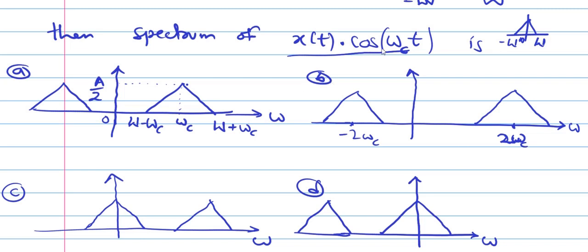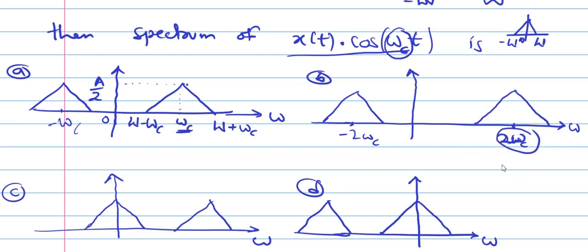Whenever we multiply with cos alpha t, the spectrum gets shifted to the right side as well as to the left side by omega c frequency. By alpha times, it gets shifted to the right side and left side. So in option A, the spectrum is shifted omega c on right side, as well as minus omega c on left side. In another option it is shifted 2 times, 2 omega c.